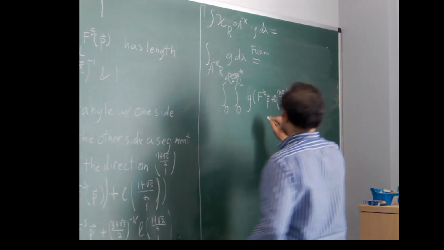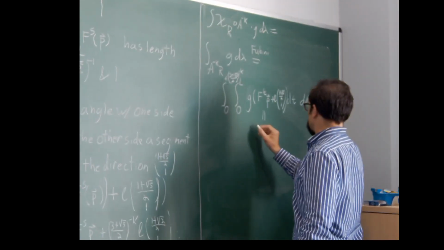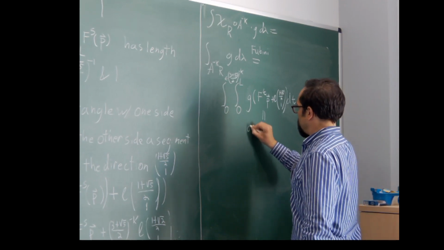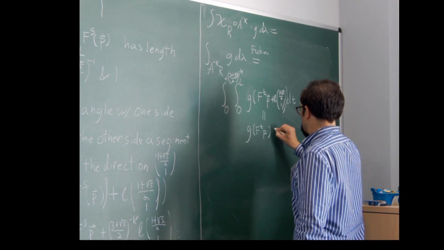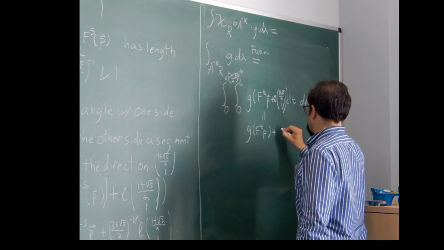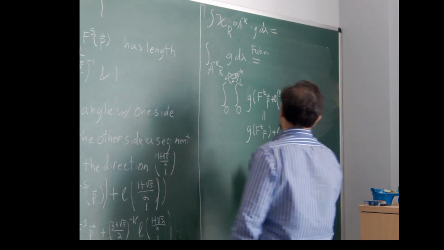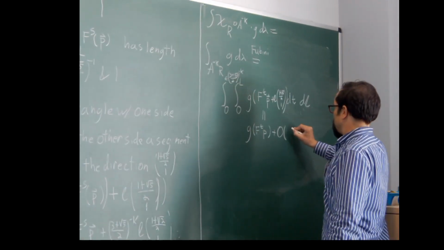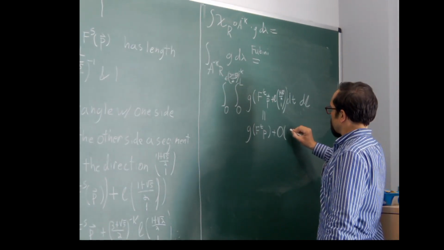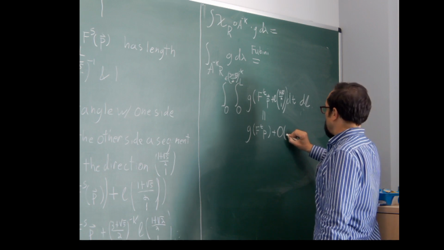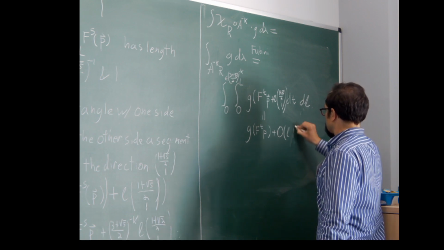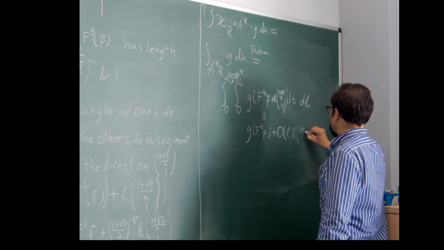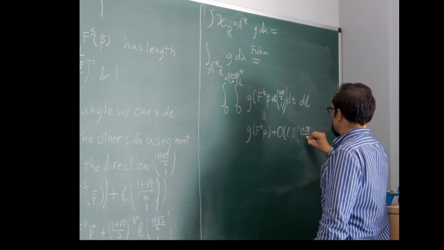Now this term is equal to g of f to the t of p plus a constant that's not bigger than L times the length of the vector 1 plus the square root of 5 over 2, 1.